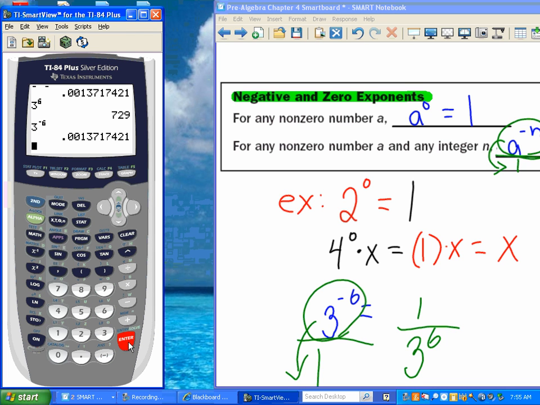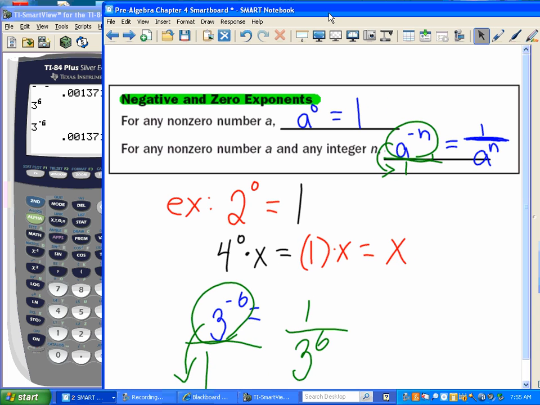Okay, hold on. Raise your hand, guys. Yes, I guess we could call it simplified because you're not allowed to leave your answer with negative exponents, ever. Does that help?